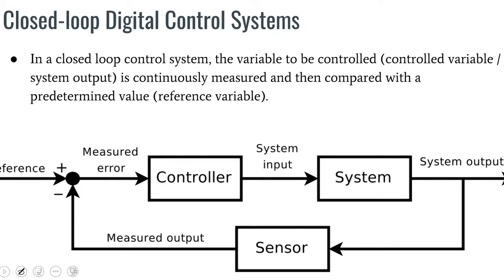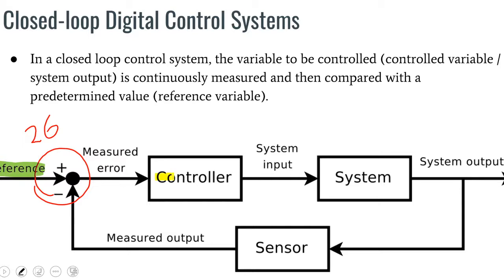If we look at a closed loop system with the example of an air conditioner, the reference point is the temperature that we want. We say 26 is the temperature that we want. That is the reference that we set as an input from the user. So the user is setting the reference point there.